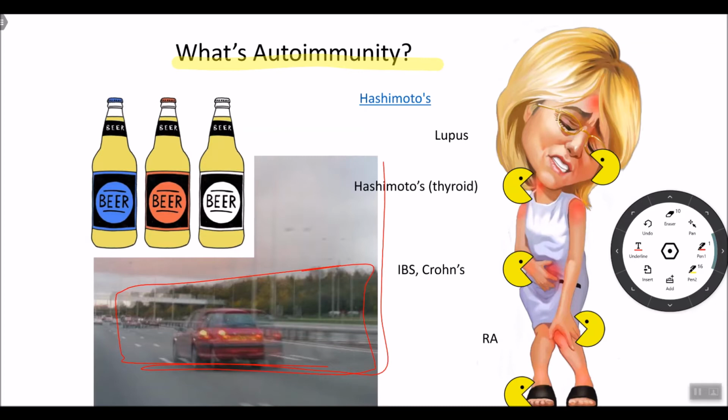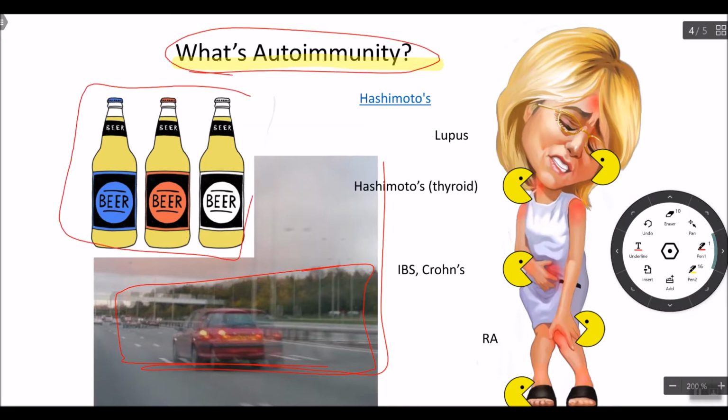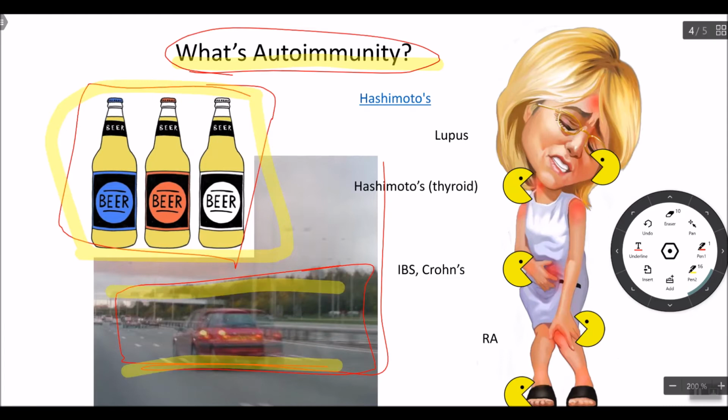What happens when you have an autoimmune disease is your immune system has a few too many alcoholic beverages, and instead of seeing one, just like the driver down here, your immune system sees two, or four, or 8, 16, 32, 64, 128. Depending on how tipsy your immune system is, it's going to see more tissue than just one.